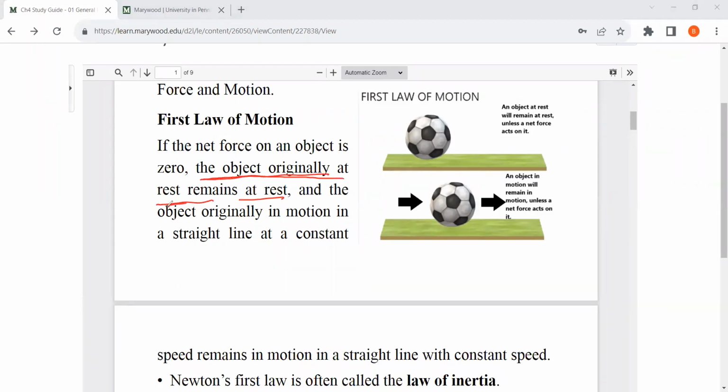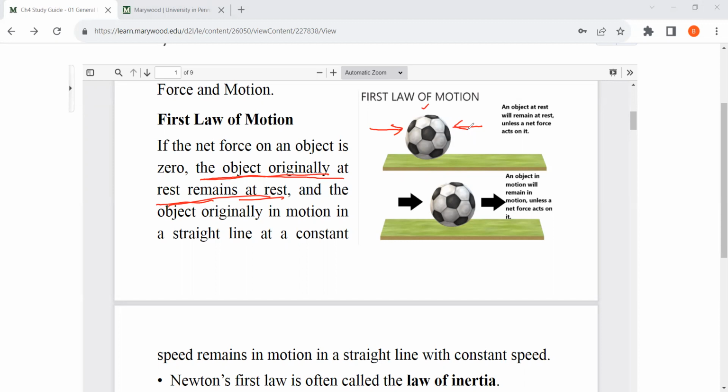So this is the first part. When net force equals zero, if the object is originally at rest, it remains at rest. And it's easy to understand. Let's say we have this soccer ball here, it's at rest. If the net force is equal to zero, net force means, let's say we have forces from this direction and forces from this direction, but the sum of the forces equals zero, then there will be no change.